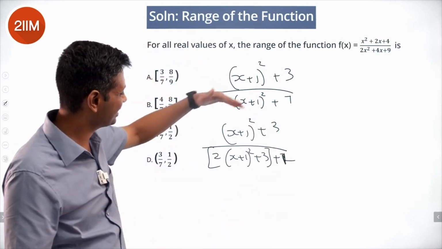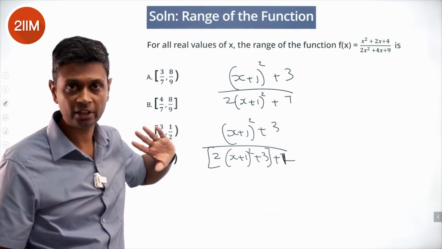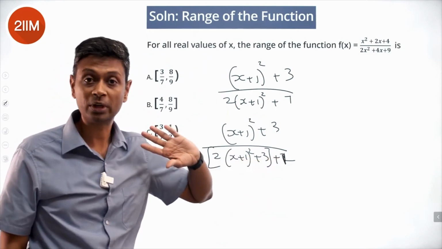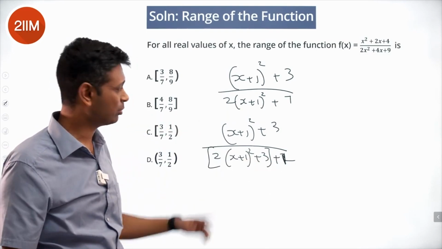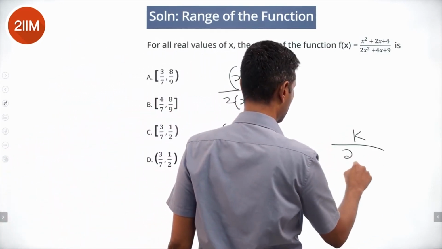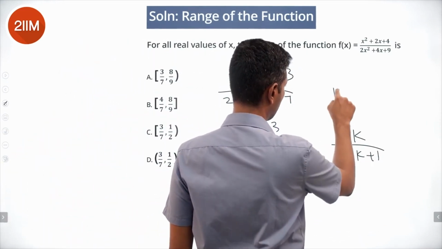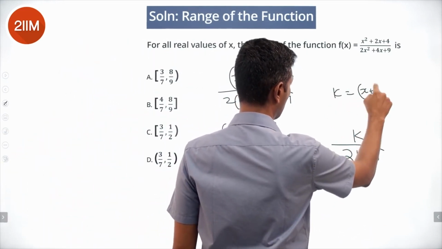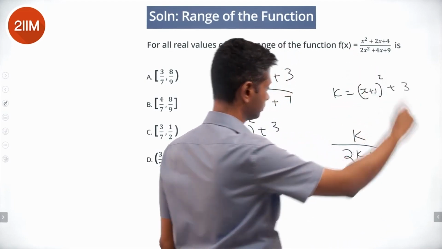Right, so I'm writing the same numerator, replicating it in the denominator, and then putting a plus 1 outside of it. Wonderful. So (x plus 1) whole square plus 3, I'm going to call it k. This is k by 2k plus 1, where k is (x plus 1) whole square plus 3.